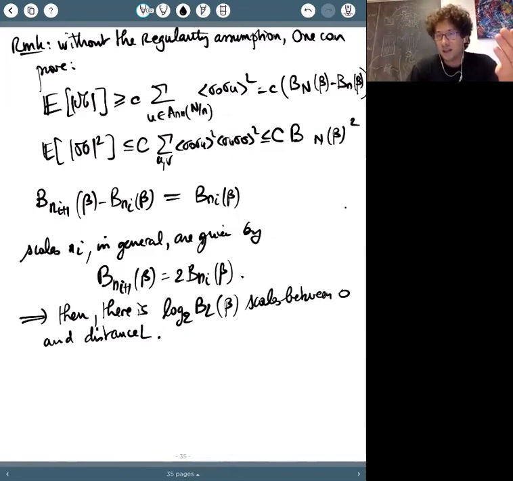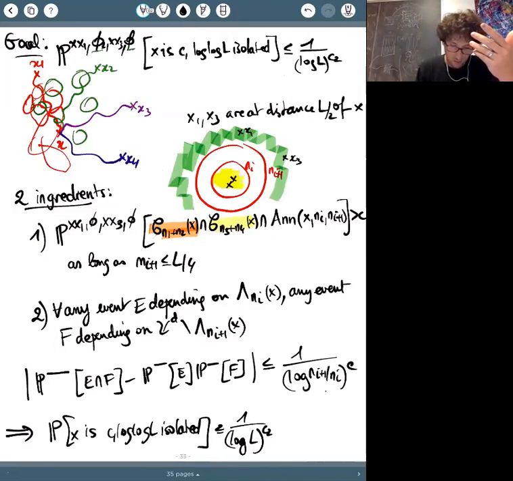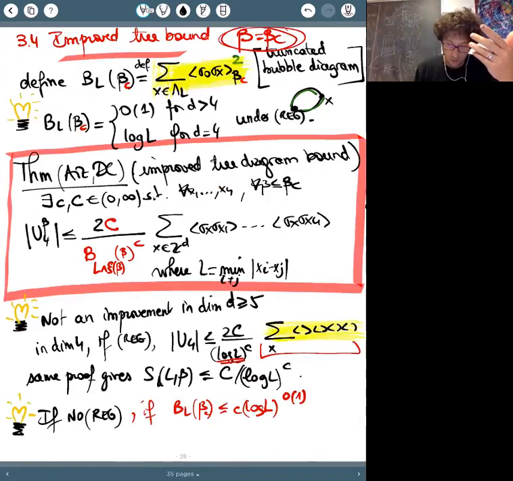So typically, I'm going to have very small probability of not intersecting a constant times log B_L times in log B_L scales. And if I take a small constant, the probability of not intersecting at least that many is going to be exponential in log B_L, which means a power of B_L, which is exactly going to give me the improved tree bound here. Okay.